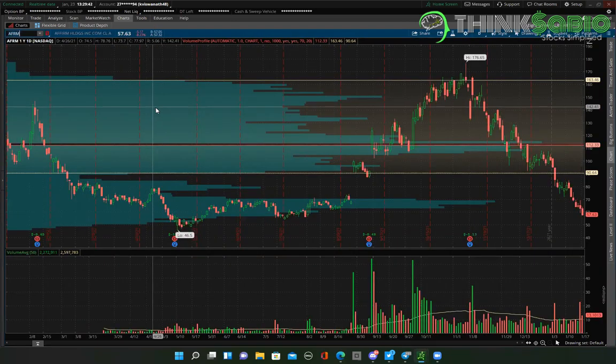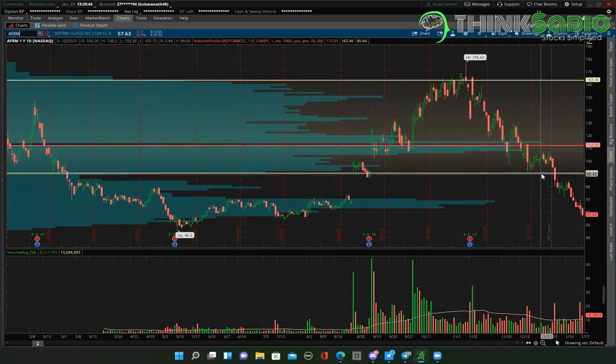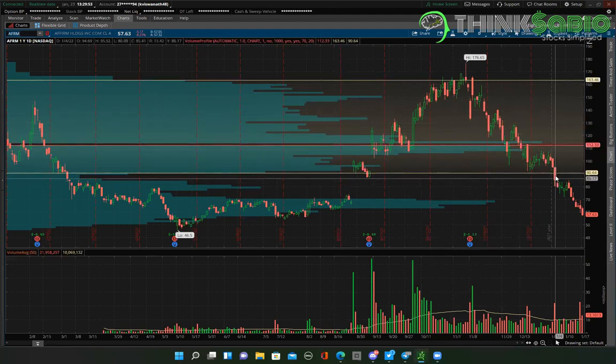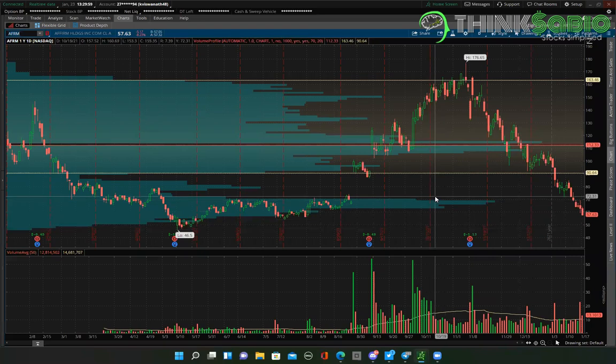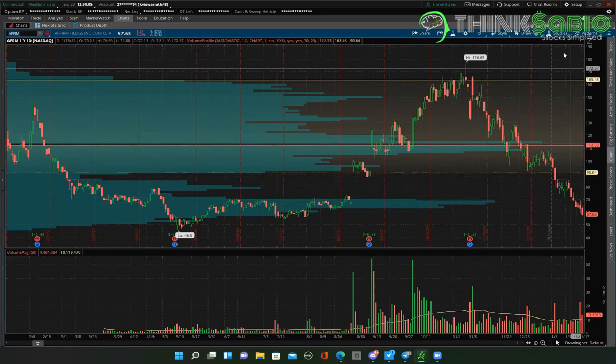Now, on the downside, for example, look at AFRM. It went all the way up, and then it went all the way down. And when it breached this 70% outside of the volume profile, I think I've seen many people saying, oh, it's filling a gap, it's filling a gap, now it's gonna make a U-turn and go up.